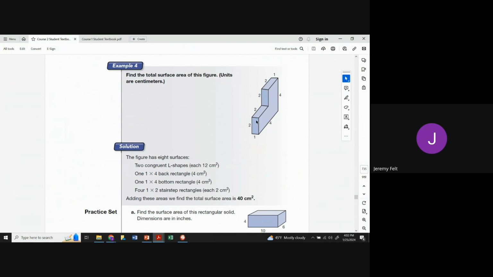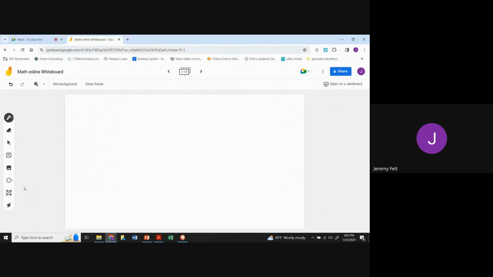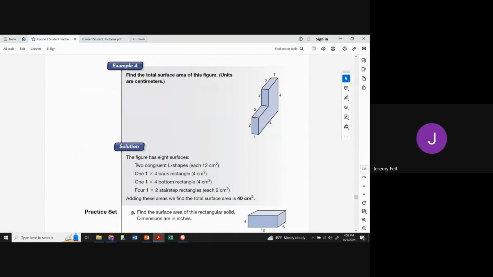And we're looking for total surface area. I'm not going to bother trying to draw this. It'll take me forever just to draw it very poorly.